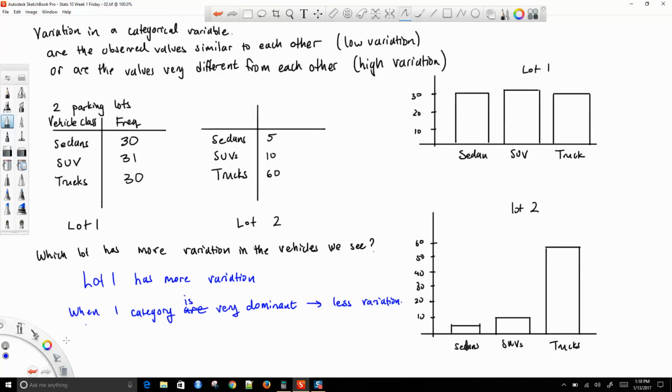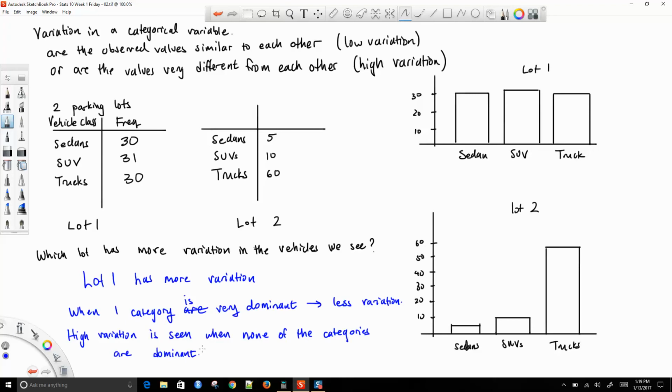Okay, so high variation is seen when none of the categories are dominant. Okay, that's when we are talking about a categorical variable.